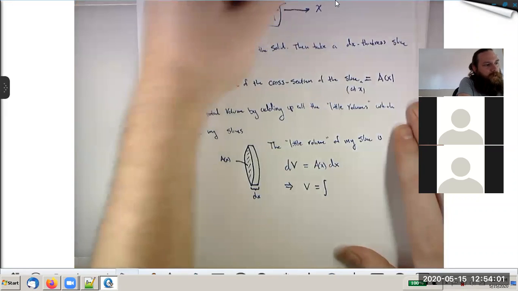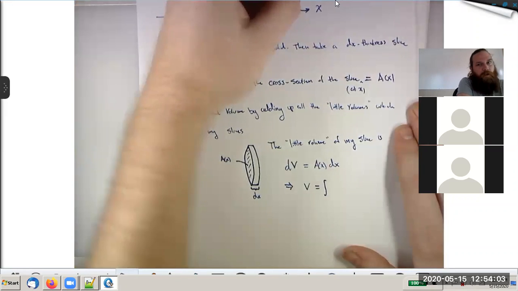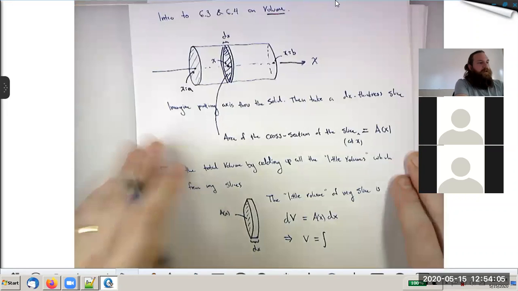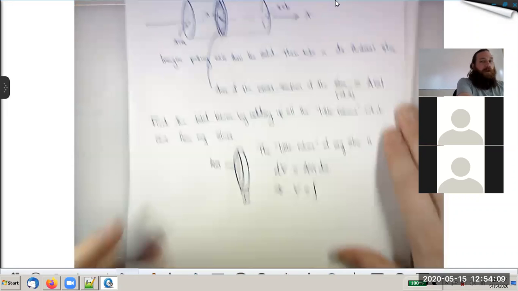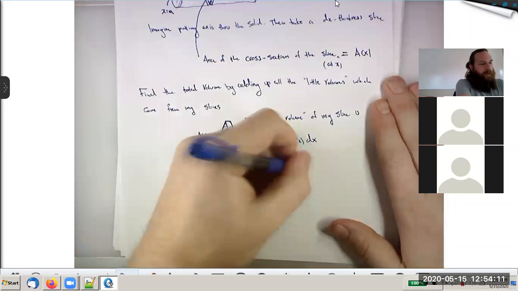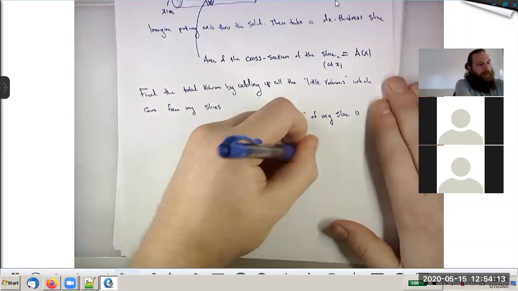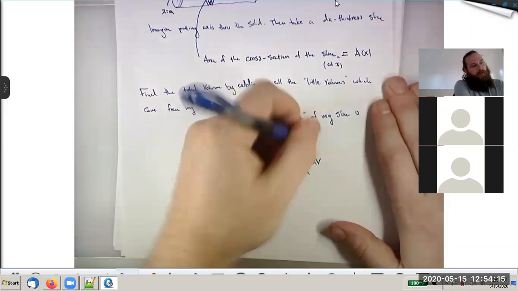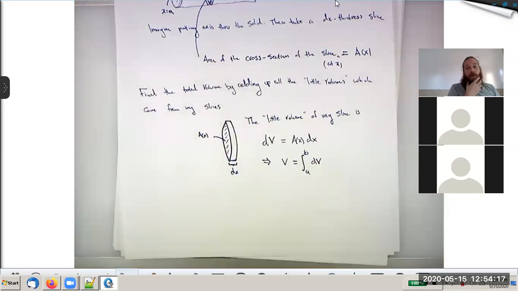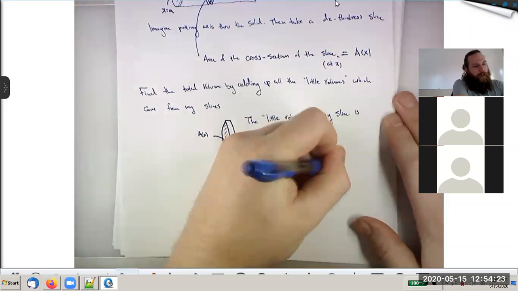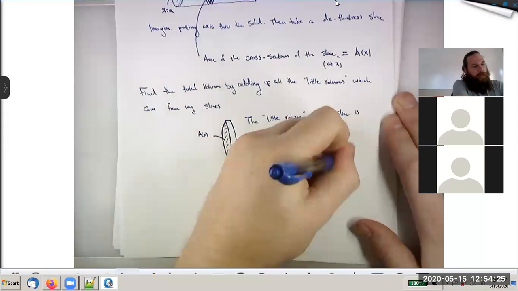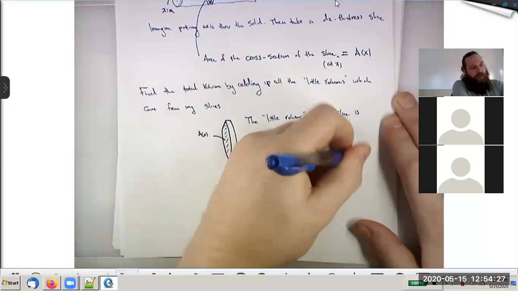And down here, I'll call this x equals b. So that my solid goes from x equaling a to x equaling b. Then my total volume will be the integral from a to b of dv. I'm adding up all the little volumes. And that's equal to the integral from a to b of A of x times dx.